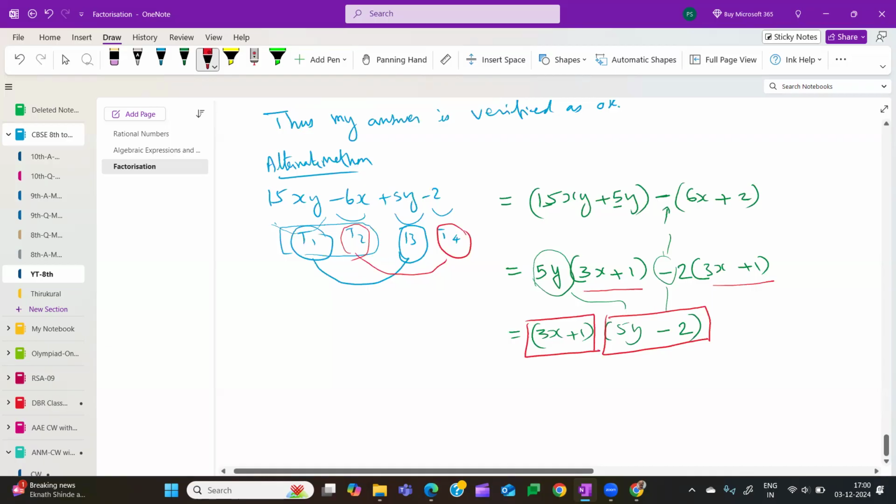So whichever way you are grouping the original algebraic expression terms, whatever terms are there, if you are able to group it, then you will be getting the same answer. But please ensure that you do the self-evaluation. Why are we doing self-evaluation?